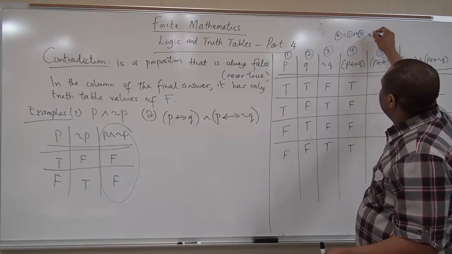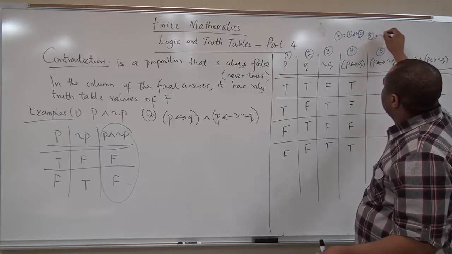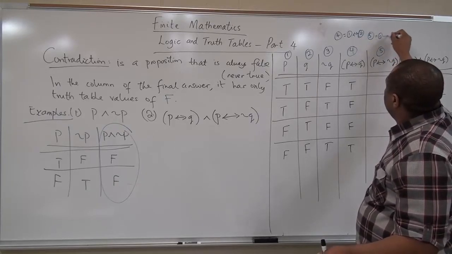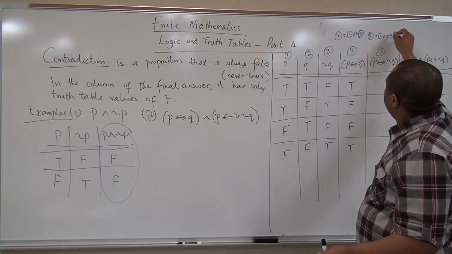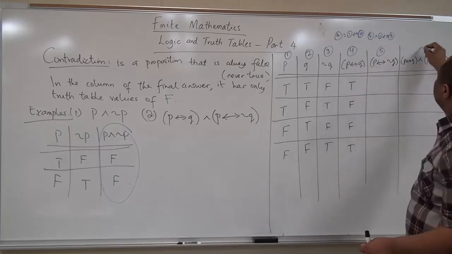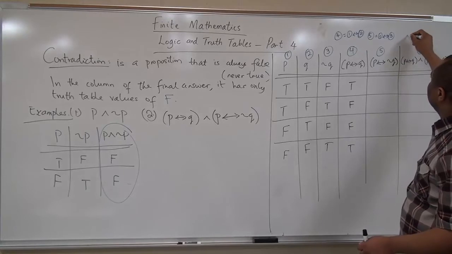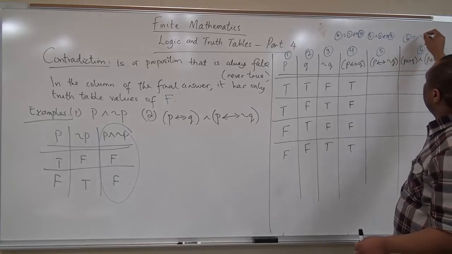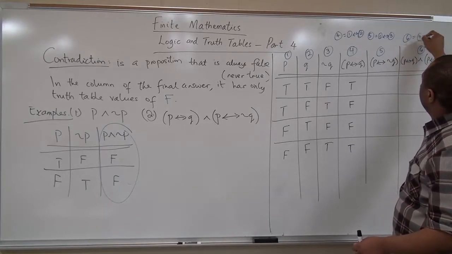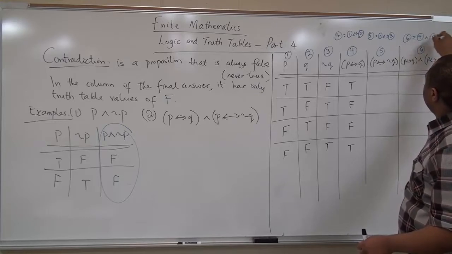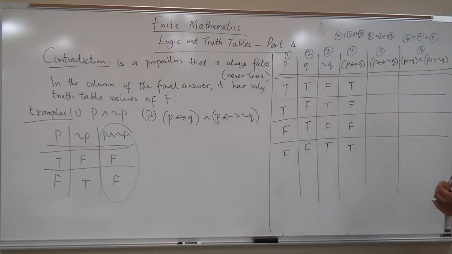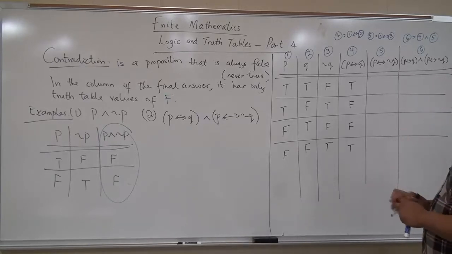Column 5 is column 1 if and only if column 3. And then column 6 is column 4 and column 5. This is just to simplify it, to break it down. You must not do it, but it's just to break it down.